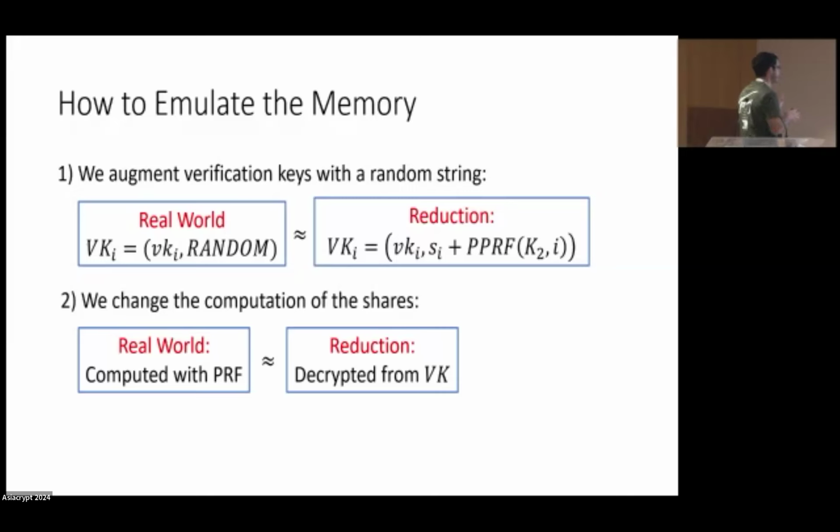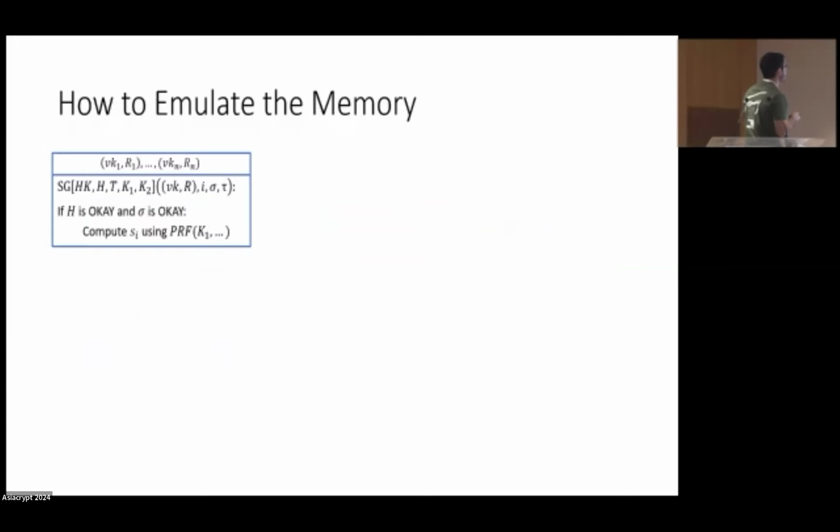In the reduction, since we have encoded these shares in the keys, we can stop computing the shares with the PRF, so we can forget this PRF key at some point, and decrypt from the verification key and output the share. Now I'm going to try to show a little bit more in detail in the last slide that I have.